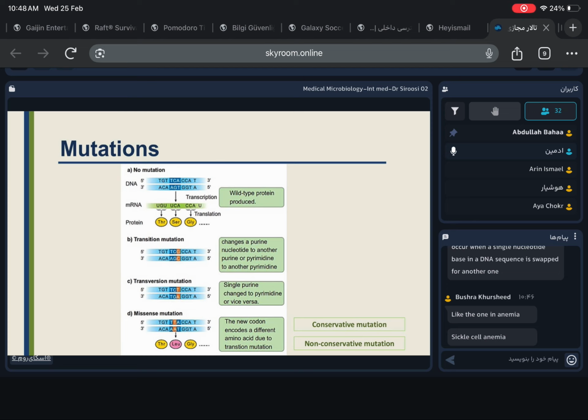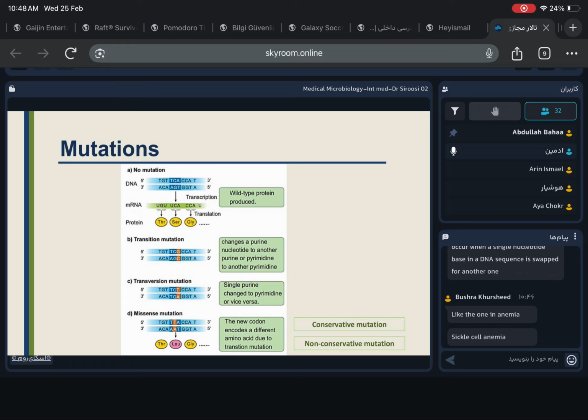But also there are some non-conservative mutations. These types of non-conservative mutations, they are also missense mutations, but the new amino acid has different properties compared to the original one, which can affect the protein's structure and function.